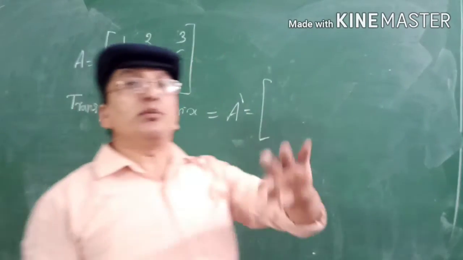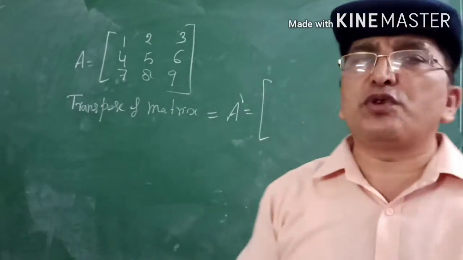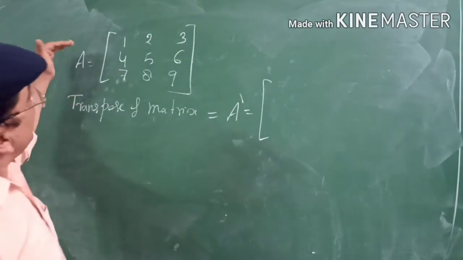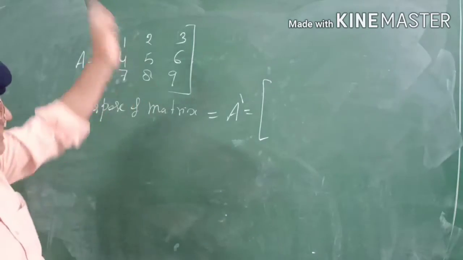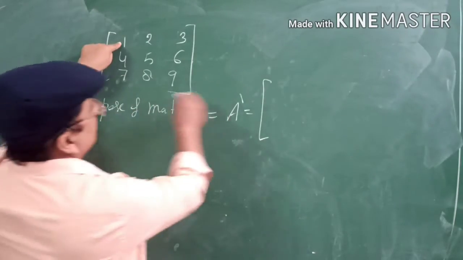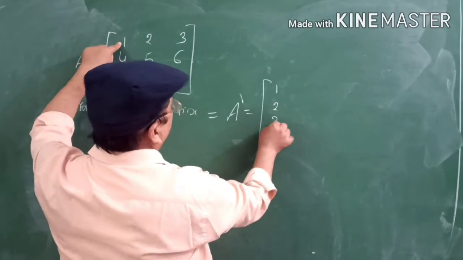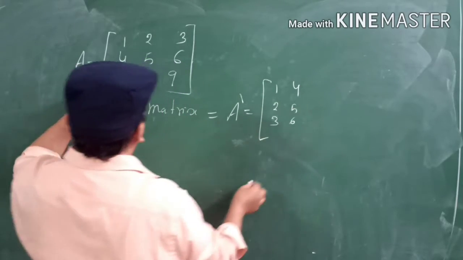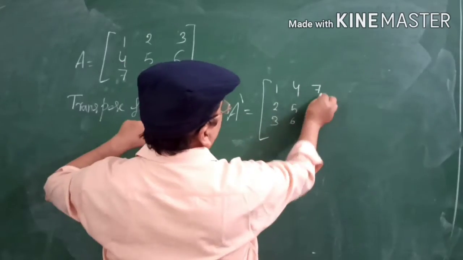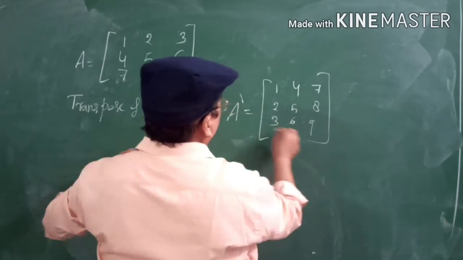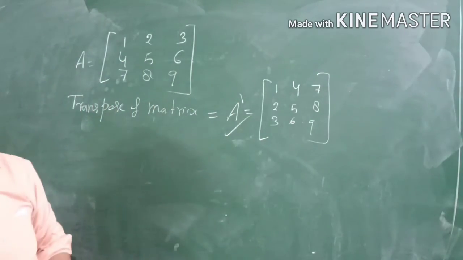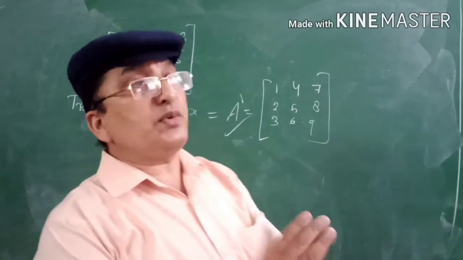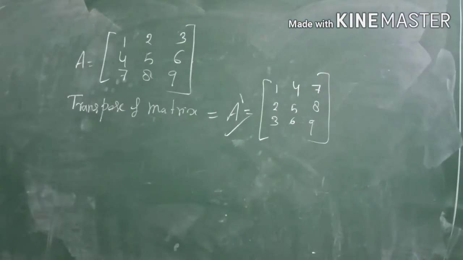It is also known as complement. Complement means just the reciprocal of this matrix. Whatever we have written in rows, we have to put in columns. Like 1, 2, 3 will come, 4, 5, 6 will come, and 7, 8, 9 will come. So this is known as the complement of the matrix, and in this sequence we have to solve the questions related to the next exercise.